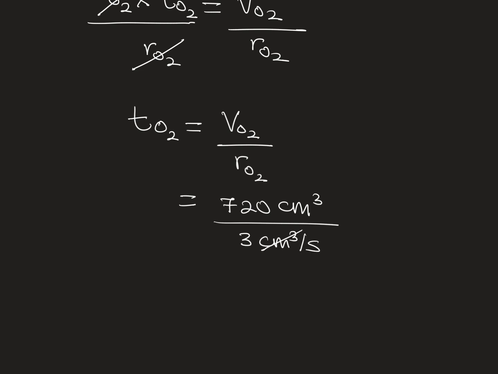So centimeter cube cancels centimeter cube. That is going to be 720 divided by 3, and that is 240 seconds. Okay, and that is the time it will take for oxygen gas to diffuse.